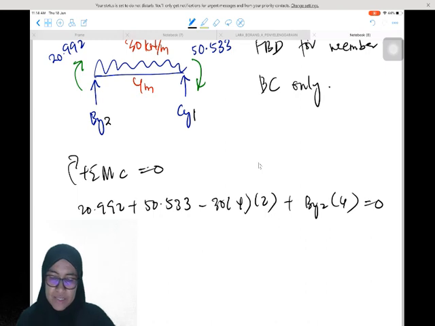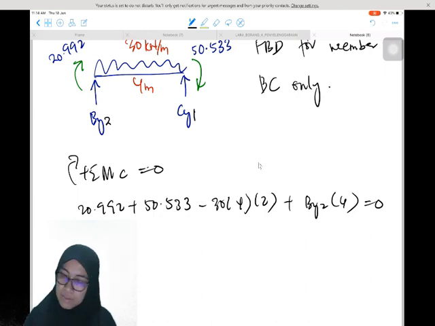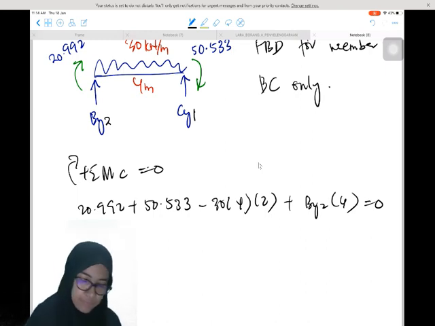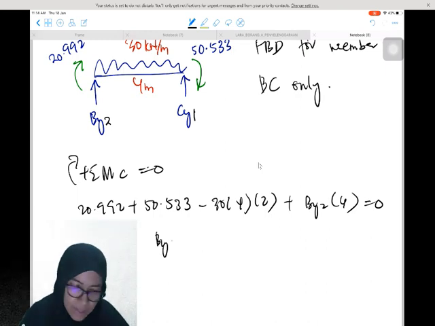So we solve this: 20.992 plus 50.533 minus 30 times 4 times 2, divided by 4, we get BY2 equal to 42.12.